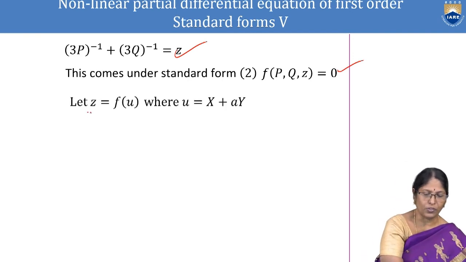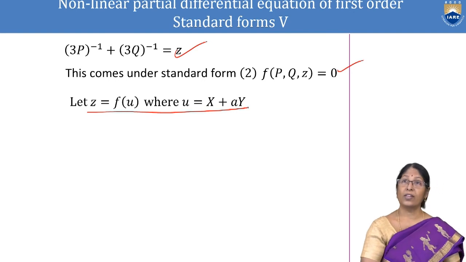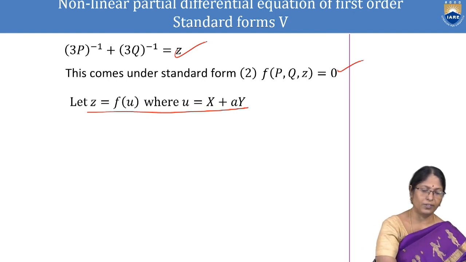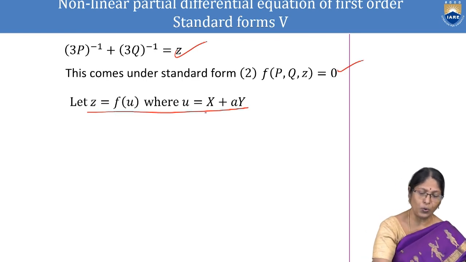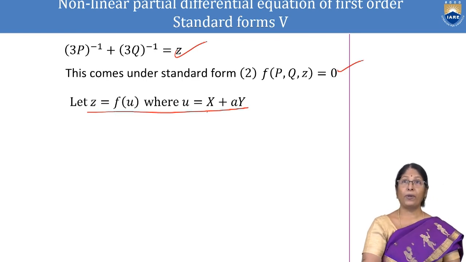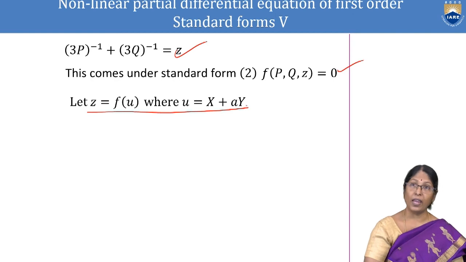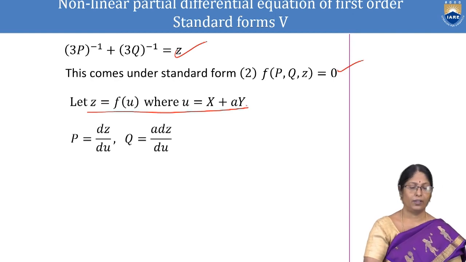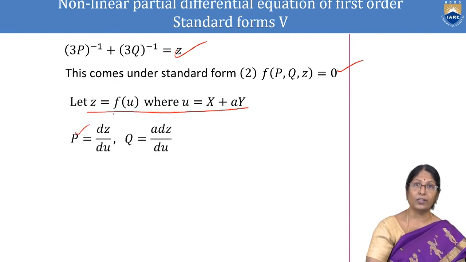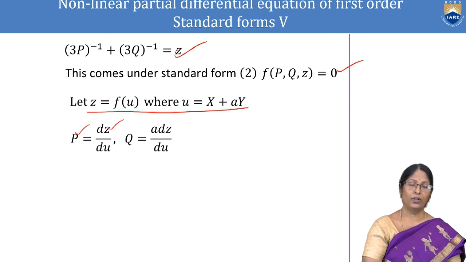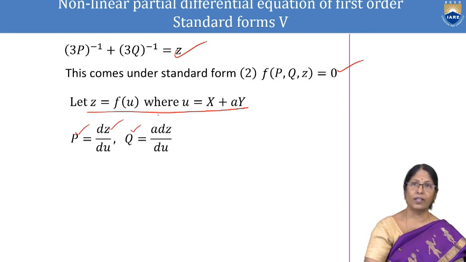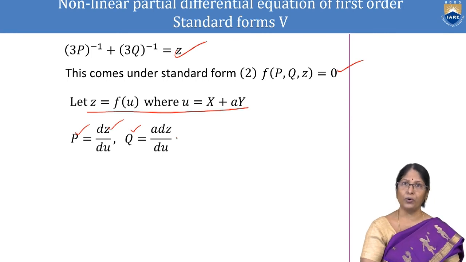This is the procedure of standard form 2: Z equals f of u, where u equals capital X plus a capital Y, and we should assume capital P is nothing but dz by du, and capital Q is nothing but a into dz by du.